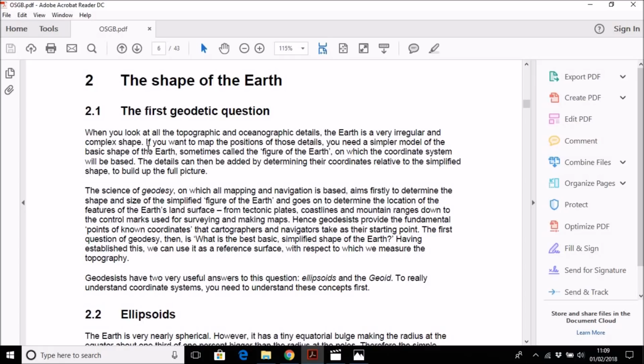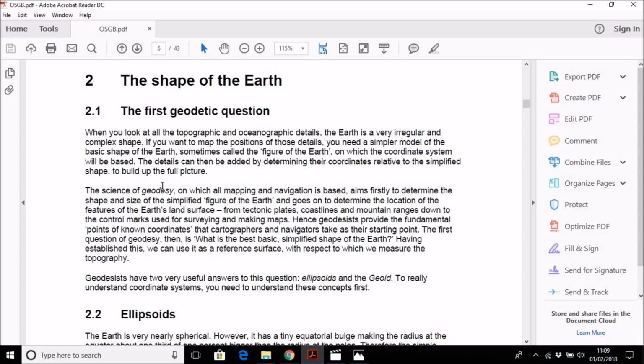But let's read on. If you want to map the positions of those details, you need a simpler model of the basic shape of the Earth, sometimes called the figure of the Earth, on which a coordinate system can be based. And then the details of the irregularities, if you like, can be added by determining their coordinates relative to the simple shape to build up a full picture.